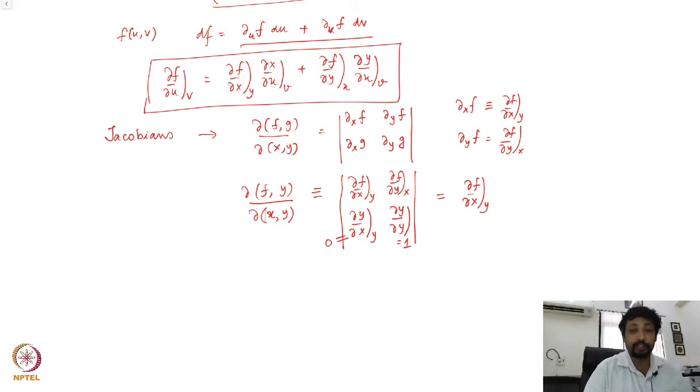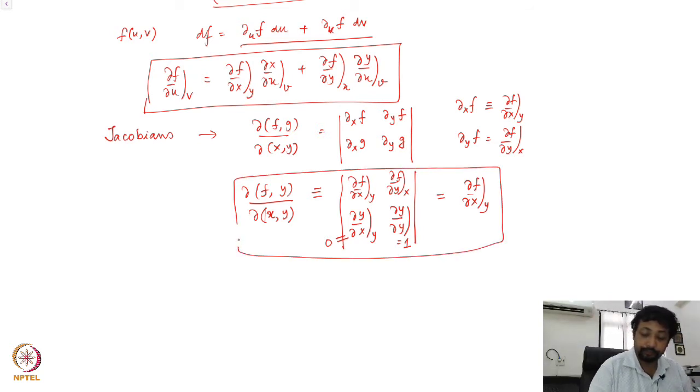So we are going to repeatedly use this relation that del of f comma y, del of x comma y is equal to del f, del x, y held constant.